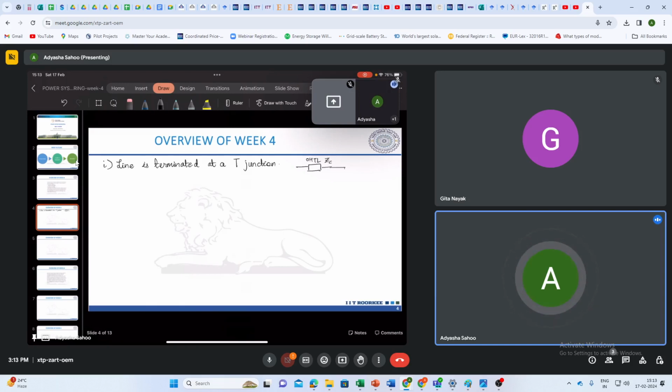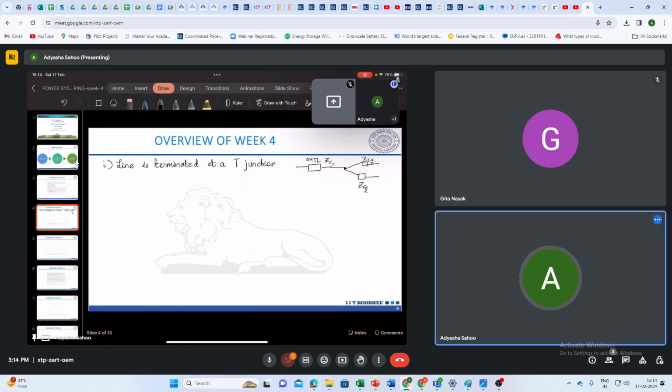And this line is terminated at the junction with two other lines, or two other different impedance lines, we can say. So this is ZC1, this is your ZC2, and let's say we are assuming here that both of these lines have equal impedances.